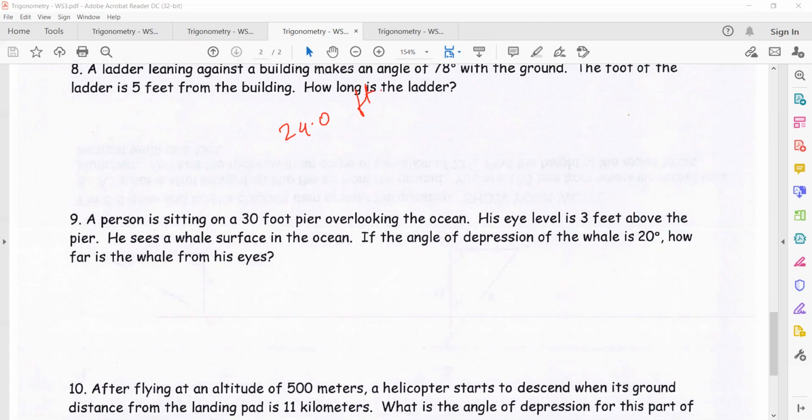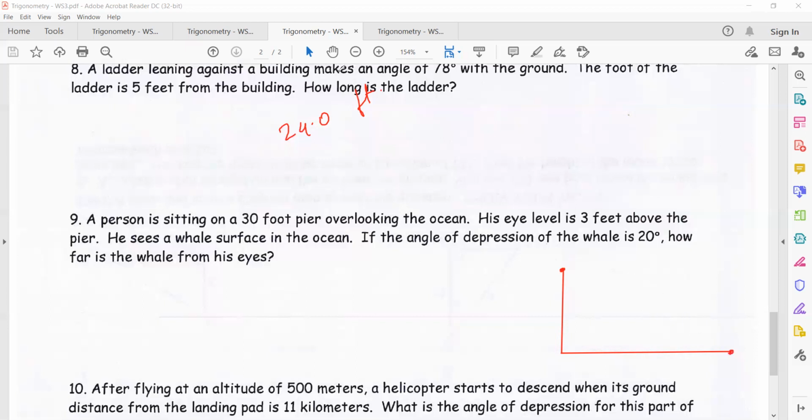So let's draw it first. Let's draw the pier first. Suppose this is the pier and this is the water level. Here is a person sitting, and here is the well.